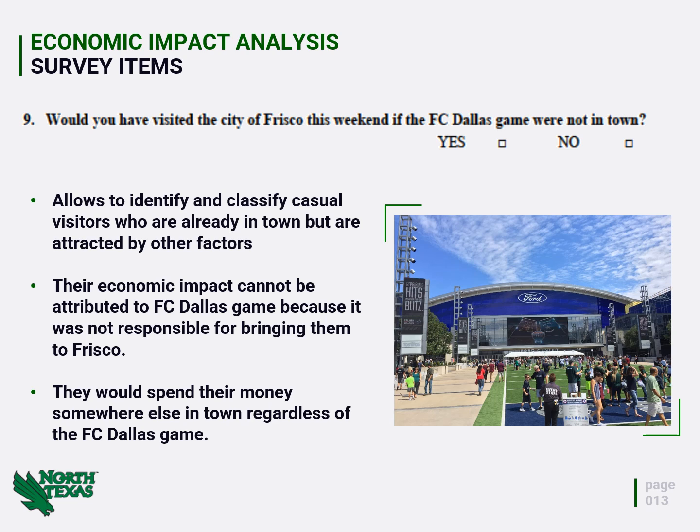Using question 5, we can screen out local residents. Now we are trying to screen out casual visitors through question 9. Those who answer yes to this question will be classified as casual visitors and they must be excluded from calculating the direct impact.